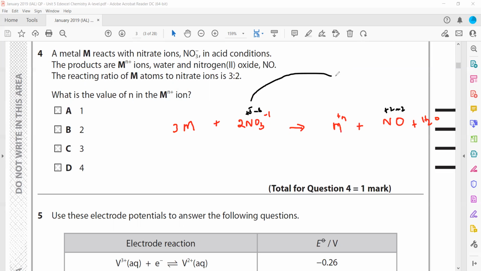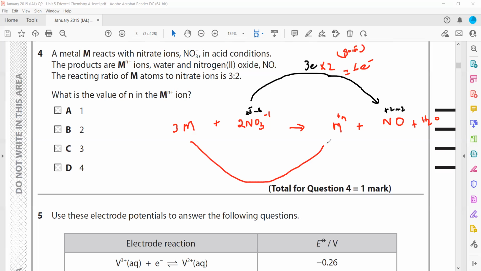So for nitrogen, +5 changes to +2, which means it gained 3 electrons. One nitrogen gains 3 electrons to convert from +5 to +2. But if 2 nitrates are there, how many electrons? 3 multiplied by 2, so 6 electrons. So basically 6 electrons are gained by nitrogen.